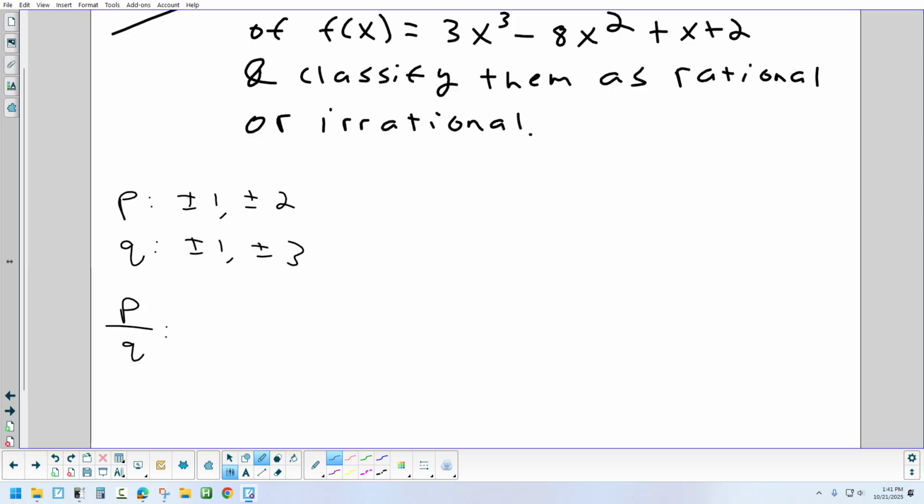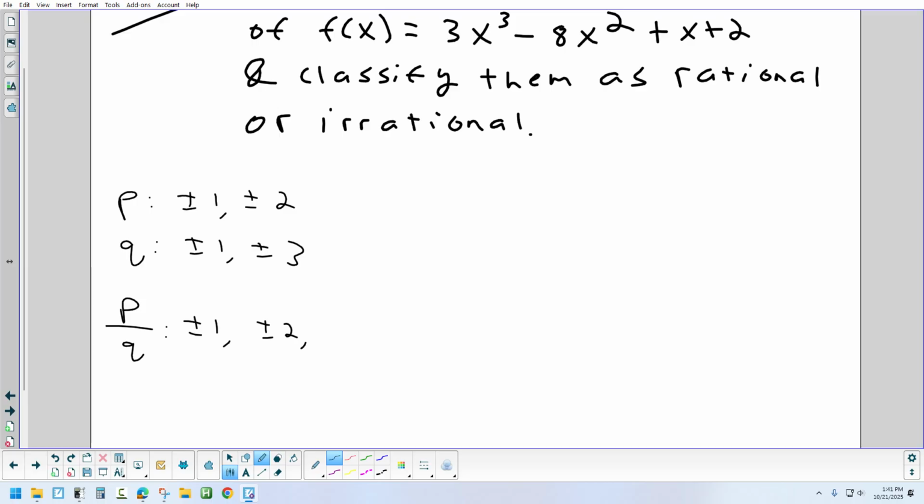What would be the different values I could get if I do the P's over the Q's? Yep, plus or minus 1. Okay, what else? Plus or minus 2. What else?